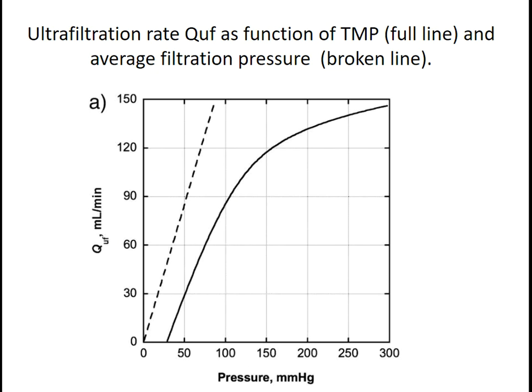We have here the average ultrafiltration rate in relation to the pressure. So at a certain point of high transmembrane pressure, we cannot find the linear relationship with increasing the ultrafiltration rate.